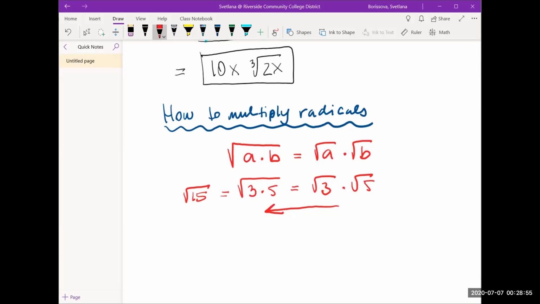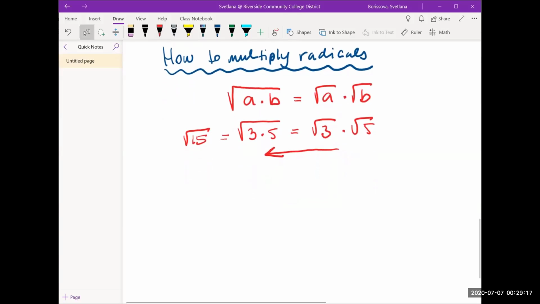They have to be the same types of radicals, so they have to be both square roots. But I don't care if they're the same or not the same expressions or numbers inside them. For adding, subtracting, I have to have them to be exactly the same. But for multiplication, I don't care if it's 3 and 5. I can still multiply them. So that's the difference here.